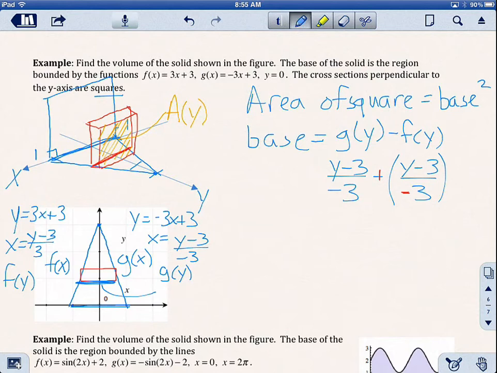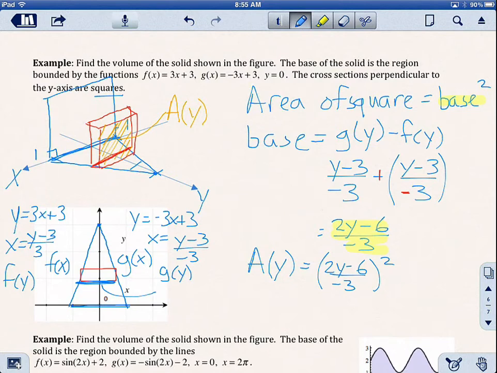So the base is actually (2y minus 6) over negative 3. Okay, so if we want to find the area of our known cross-section with respect to y, all we have to do is substitute base in for base squared. So we get ((2y minus 6) over negative 3) squared.